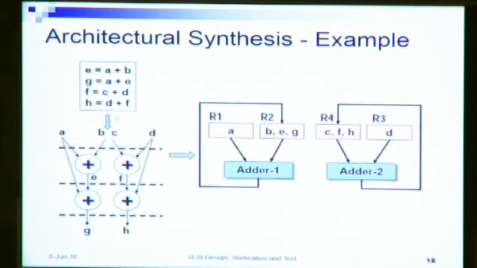Now this behavioral description will then be scheduled. So this process is scheduling. This shows 2 time steps. So what does it do? In time step 1, it takes A and B as input and produces E as output, and in time step 2, this E is taken as input, A is the other input, and G is produced as output.